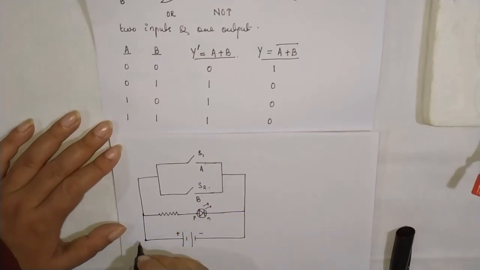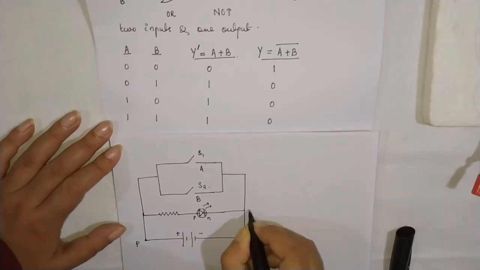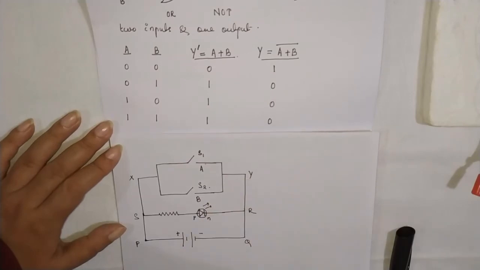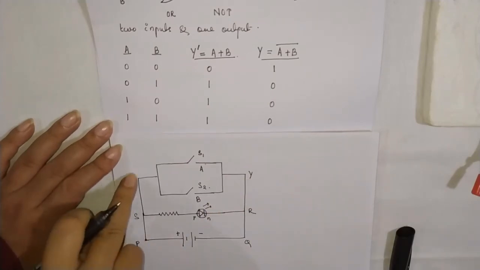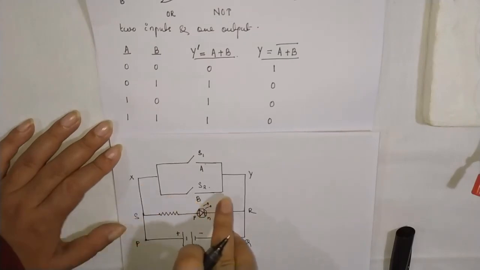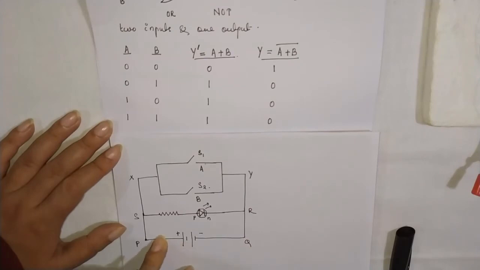If I name it, that would be easier. Let us name the points P, Q, R, S, and this is X and Y. Then the current is going to flow across P, X, Y, Q, P. The current is not going to pass across this SR because this has a high resistance.